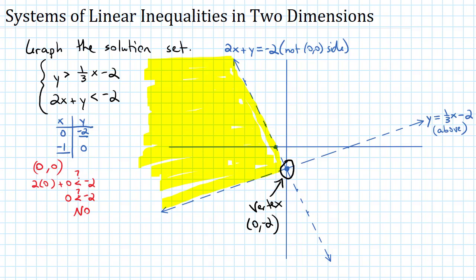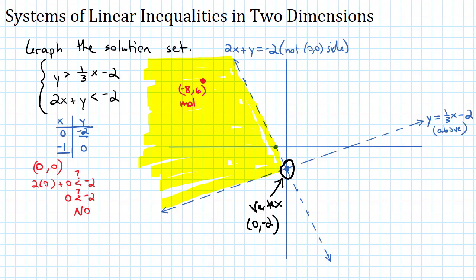But what we're saying here with this shaded region is if you pick any ordered pair, such as, let's see what this ordered pair is, negative 8, 6. If you look at that ordered pair, this ordered pair is a solution to both inequalities.